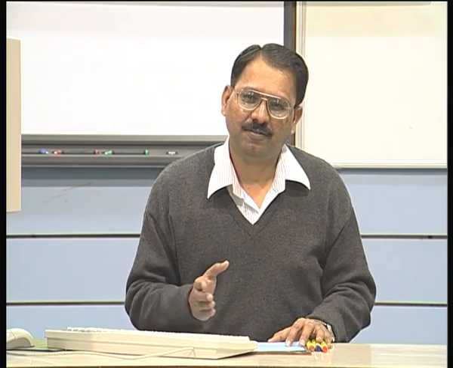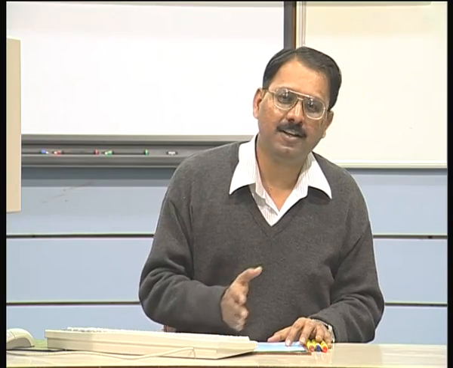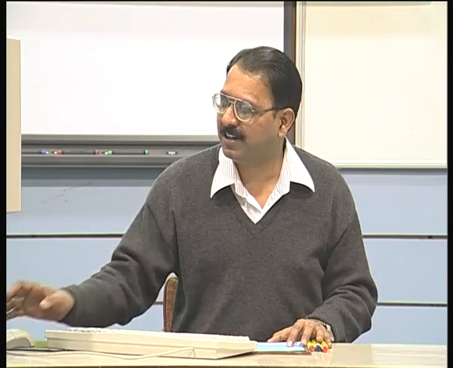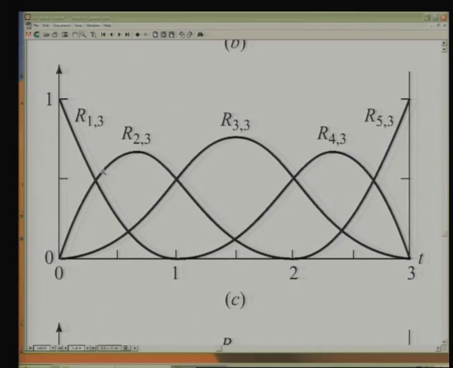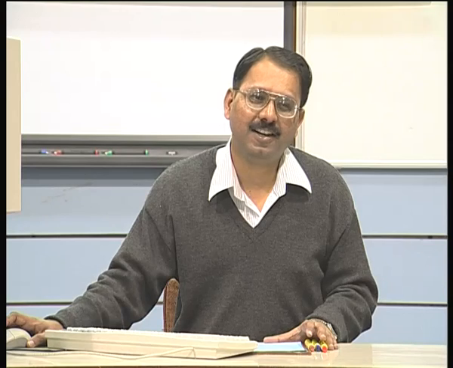Like we said, there is a non-uniform B spline curve, because if I look at these functions, they are different at the ends compared to the middle. If the middle one is repeated for all the cases, from the starting point to the end point, then I get a uniform B spline curve, and in that case the curve does not pass through the starting and end points.